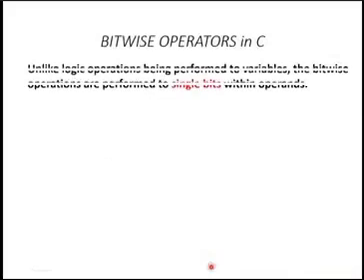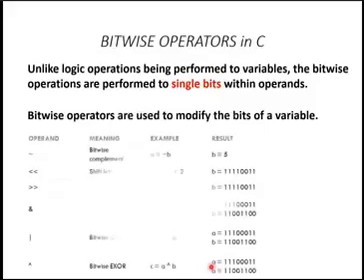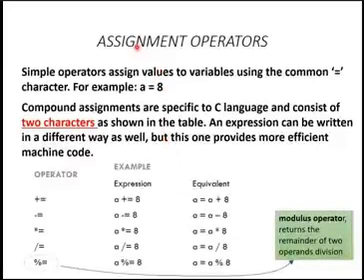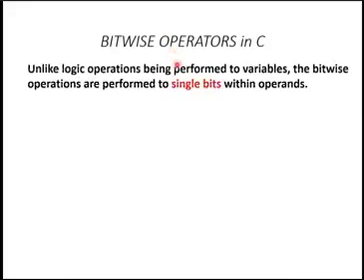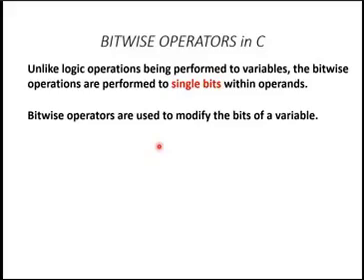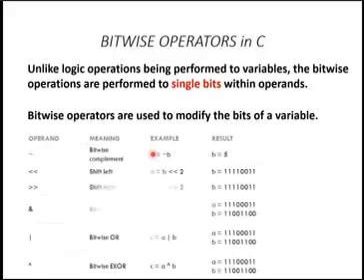and then we refer to the remainder of that particular division. So let's say A is equal to 8. 8 divided by 8 does not give any remainder, so we return the value 0. Let's say A is equal to 16. 16 divided by 8 is 2, no remainder, so the result value is also 0.